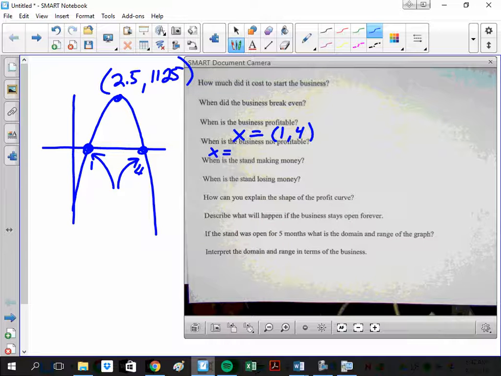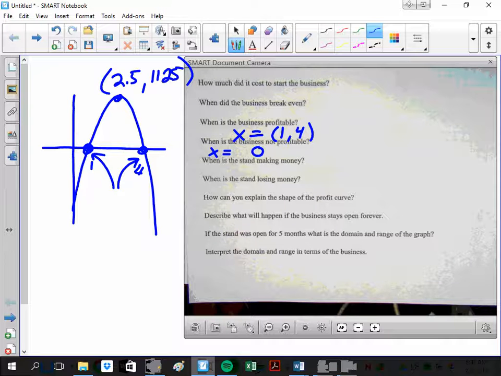There are obviously 2 pieces of non-profitability, right? So how would you describe the x's of that first piece? Would we go negative infinity like we did yesterday? Why not? There was no lemonade stand a month before. Negative 1 doesn't exist. So what is the smallest x value for that first piece?